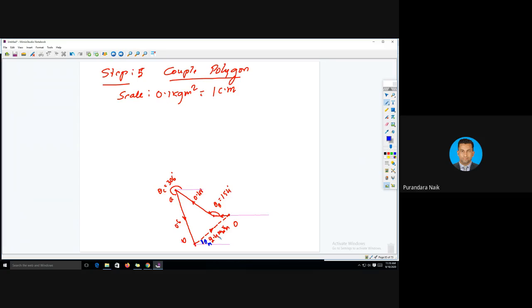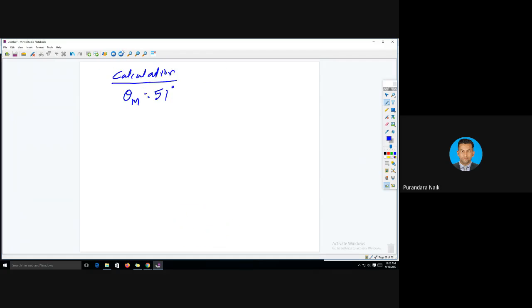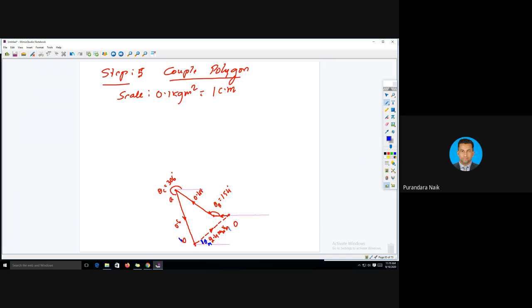And the length OB into scale is equal to 2.4 into RM. That is the length.